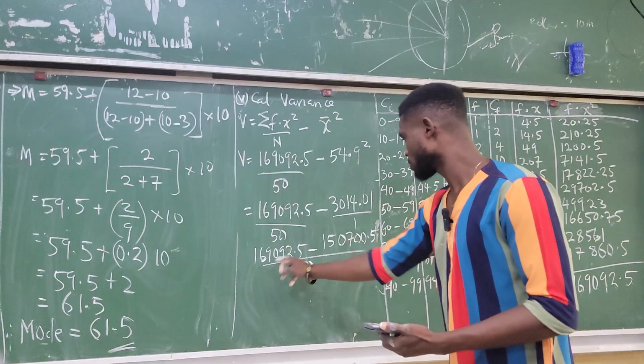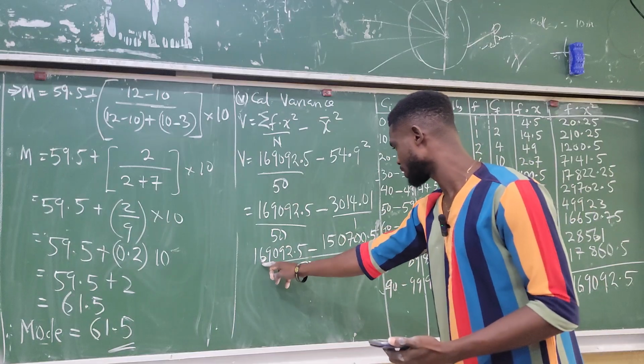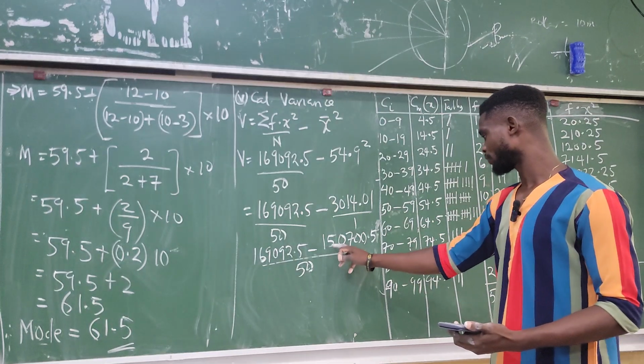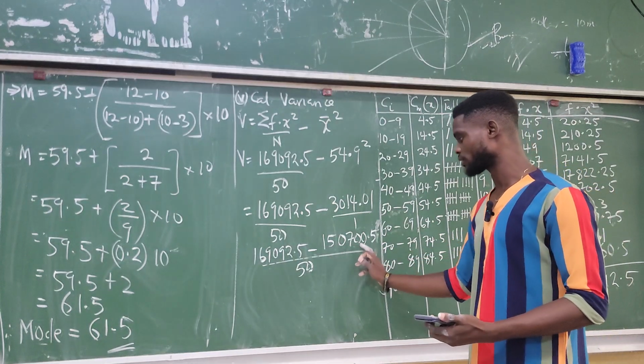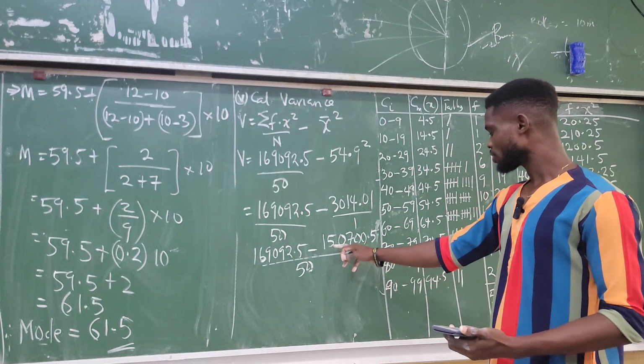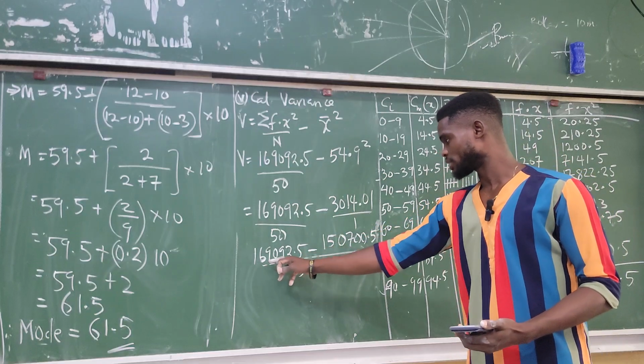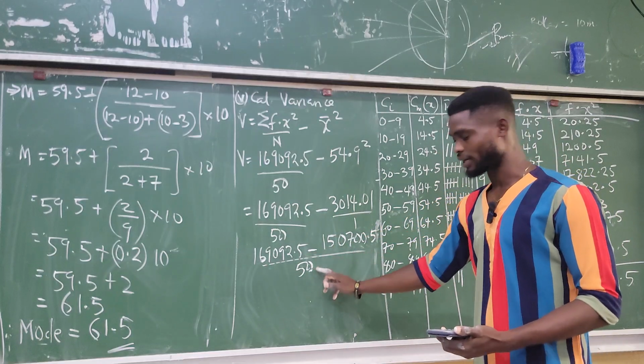So subtract this from 169092.5. Subtract 150,700.5 from 169092.5, then divide it by 50.